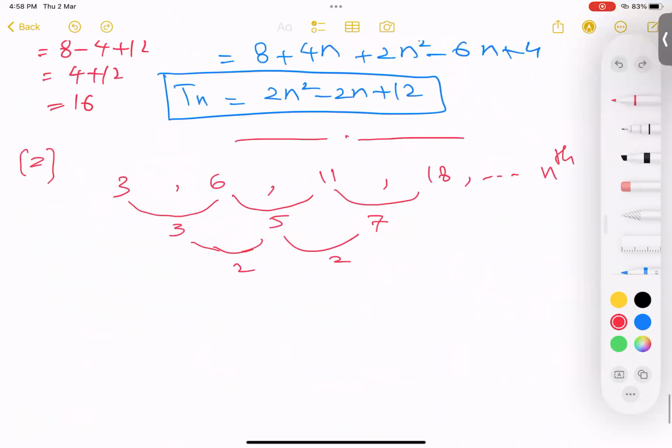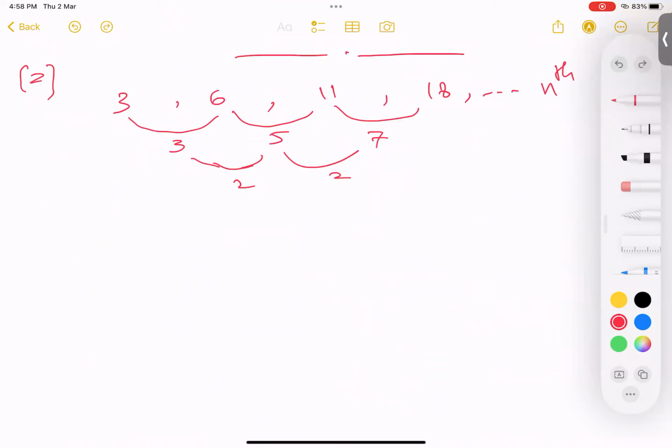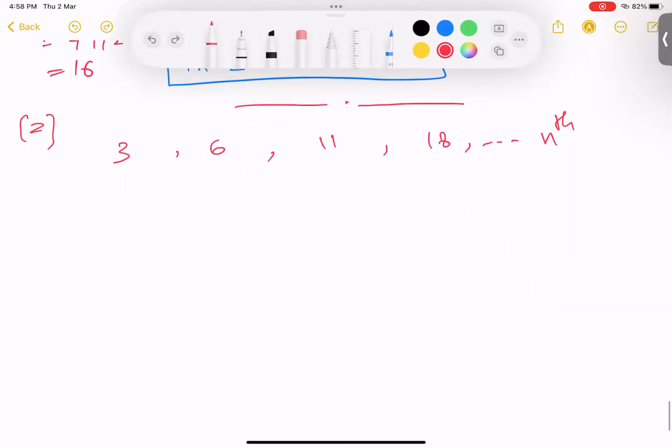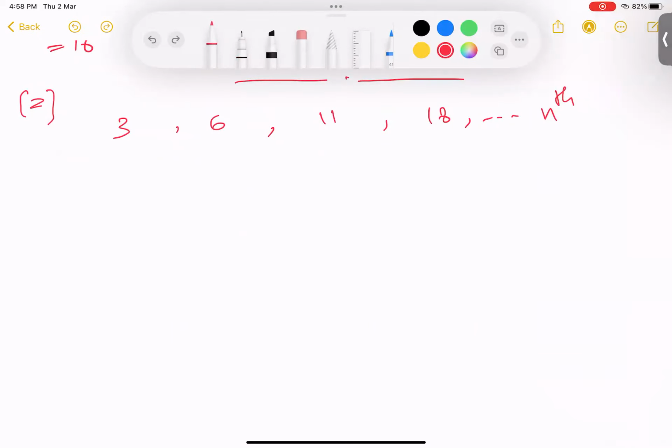But if this question comes for 2 marks, or even sometimes 1 mark, then we have a shortcut technique also to solve this question. And that shortcut technique I'm going to teach you now. That is very, very important. In our syllabus, 2 kinds of short techniques are available: the square of any number, and the square of a number plus 1, square of a number plus 2, square of a number minus 1, square of a number minus 2.